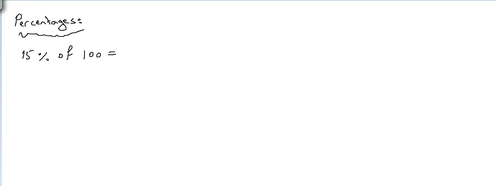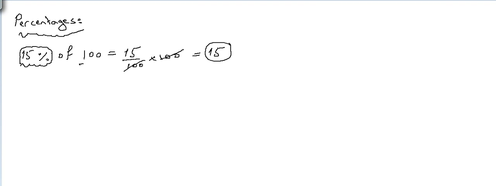Usually, we do it as 15 divided by 100 times 100, right? So 100 over 100 cancel. What is left is 15, and this is the answer. And this is logical, right? Because 15% of 100 is 15.